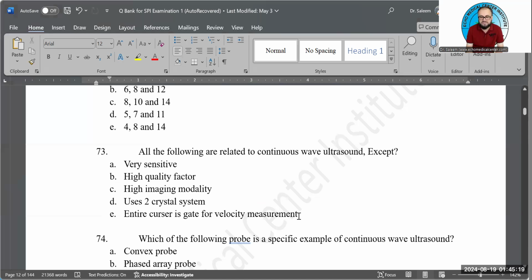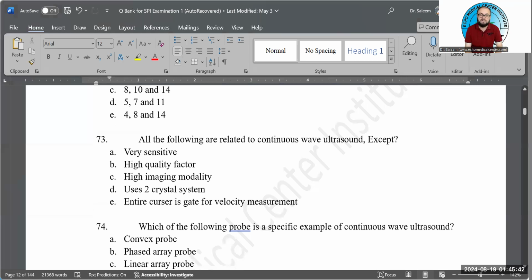Which one is not correct for continuous wave? You are right. C is the correct answer. High imaging modality. Because in continuous wave ultrasound, there is no image, no picture. An image is not created because there is no damping material in this probe.